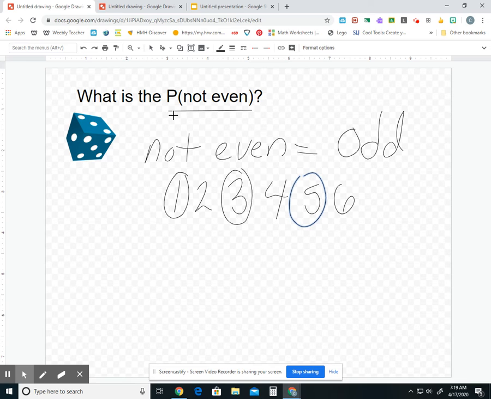And I wanted to write the probability of this happening. Well, the probability is going to be equal to, and how many sides do we have on a number cube? We have 6, so that's going to be my denominator. And my numerator is going to be the number of outcomes that it could possibly be. So I have 3 that are odd, that are not even. So I would say they're 3 out of 6.